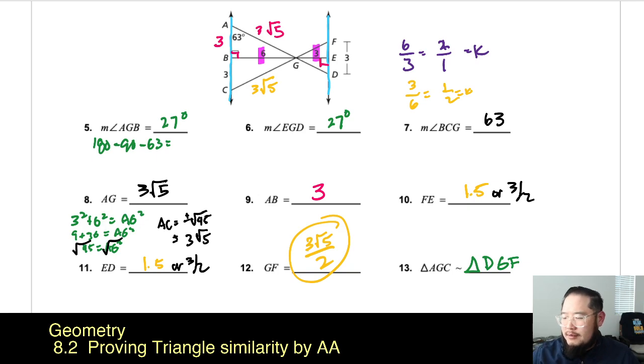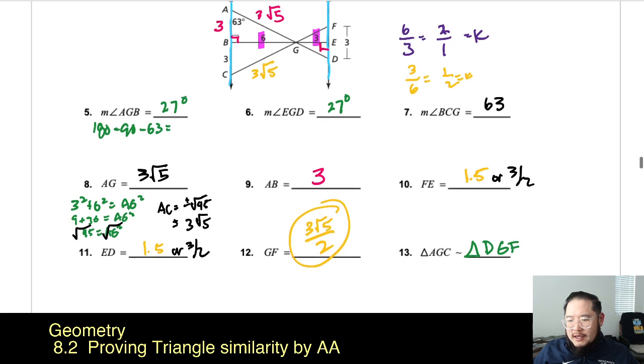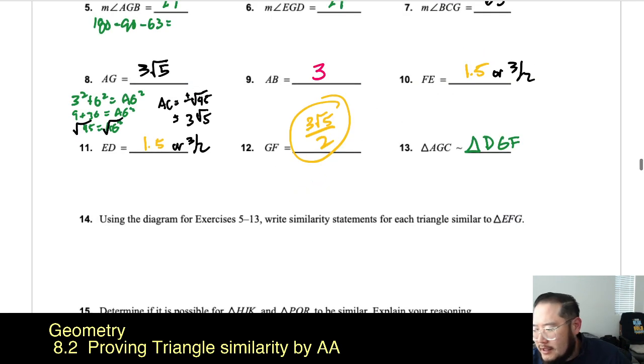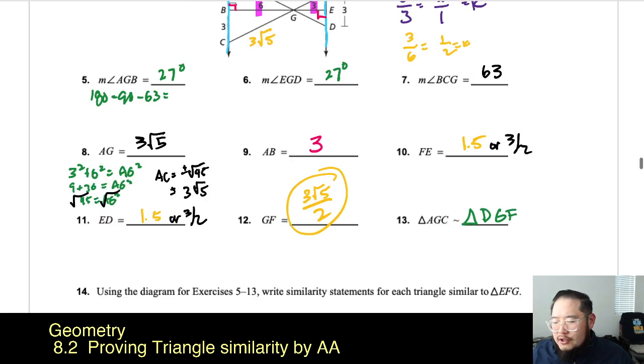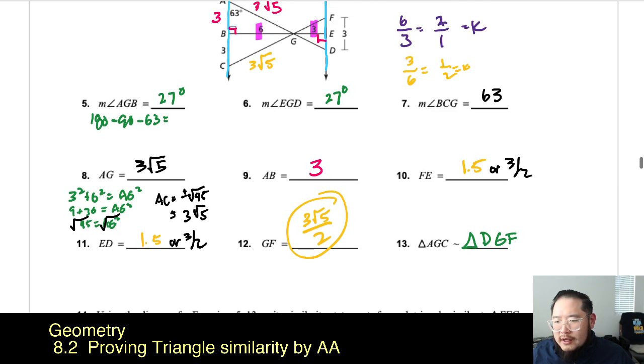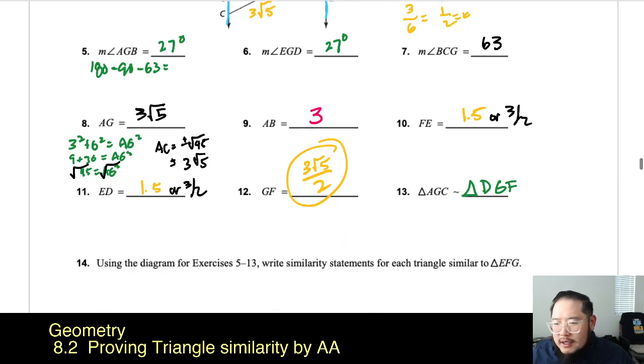Last up, number 14 says write similarity statements for each triangle similar to EFG. Hopefully we can take a look at some of the different triangles that are in the problem.